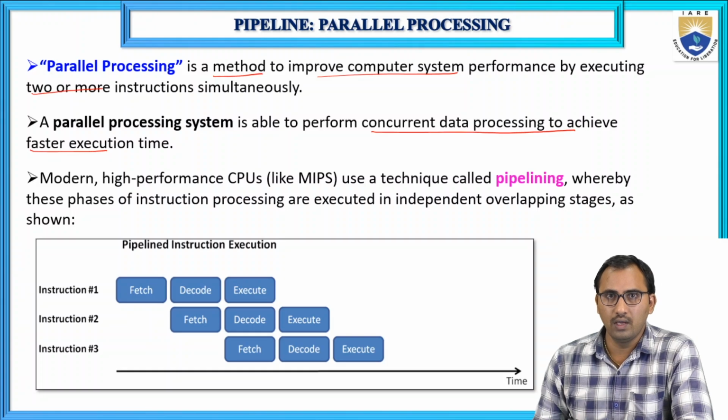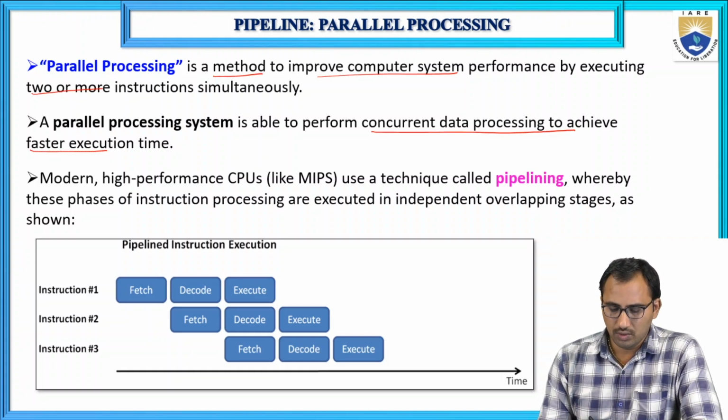Let's see how it will improve the speed of execution. This is a three-stage pipeline instruction execution. That means the first stage is fetch, the second stage is decode, and the third stage is execute. Every instruction has three stages: fetch, decode, execute.